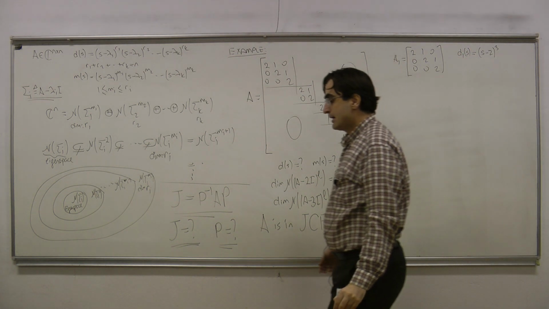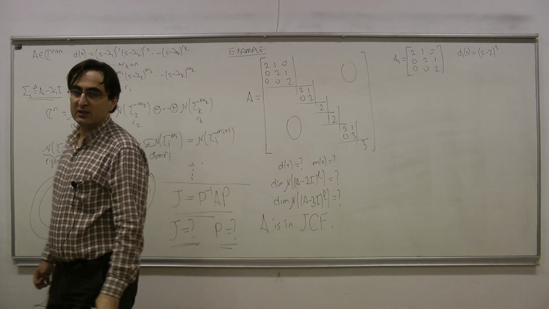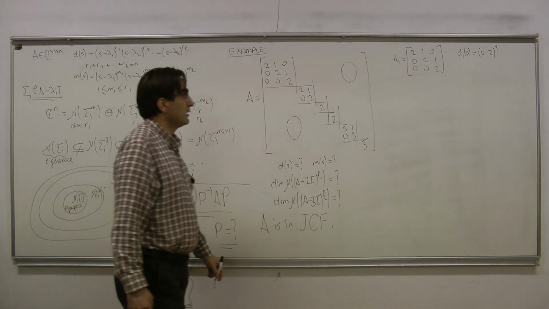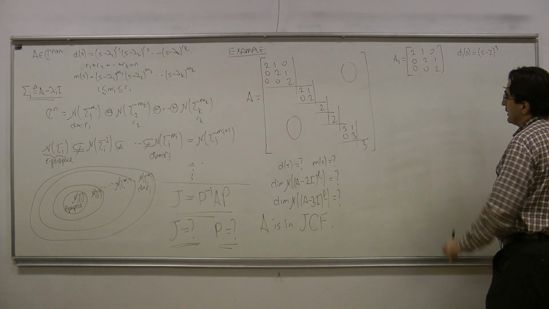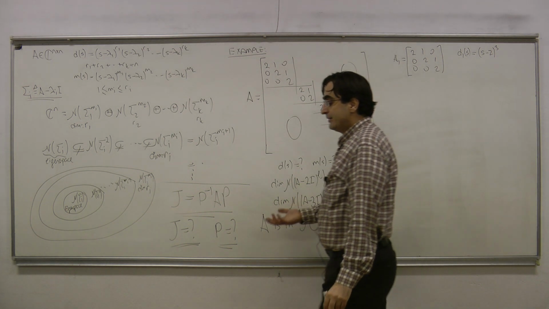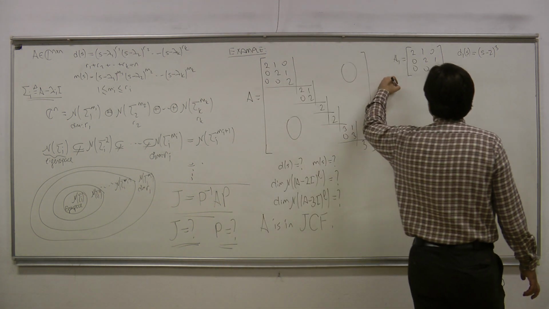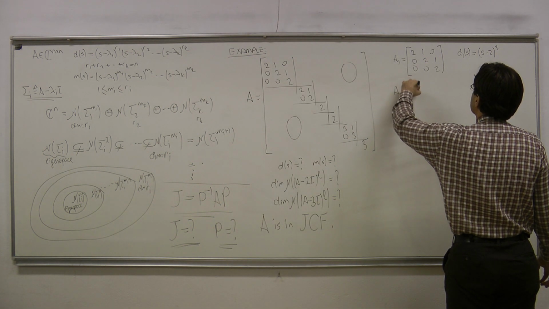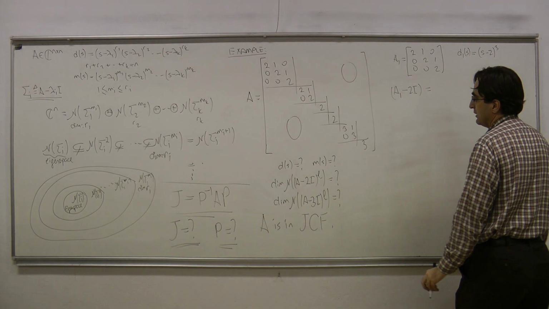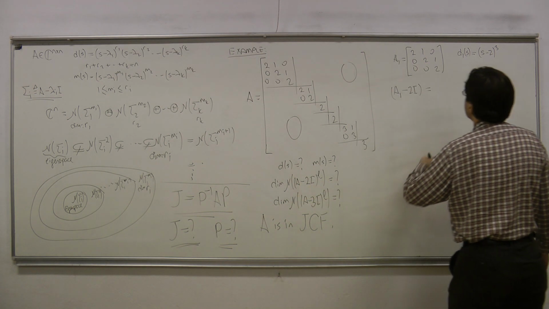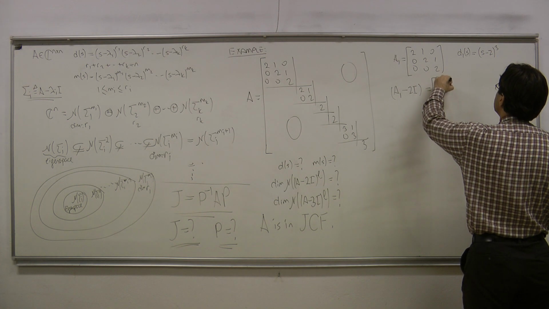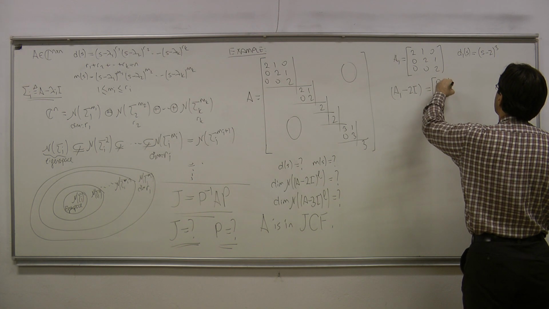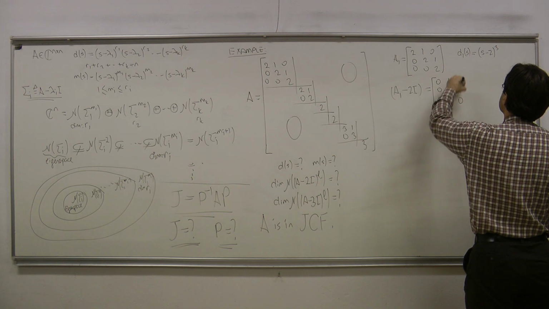And I don't know about the minimal polynomial now. But I have only a single eigenvalue 2, and now I'm going to look at A1 minus 2 identity, this matrix, just like this one here. A1 minus 2 identity is 1 0 0, and 0 1 0.